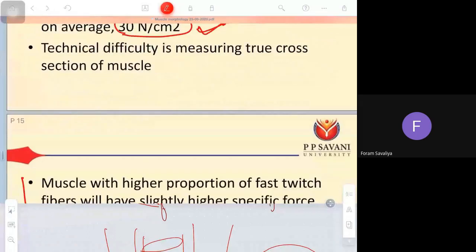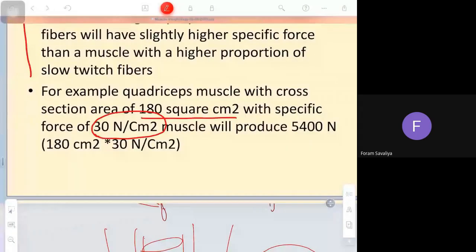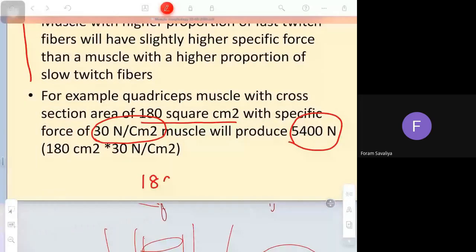So the total muscle can produce 5,400 Newton. Clear? How did this value come? By multiplying 180 square centimeter into 30 Newton per square centimeter. How much force can the muscle produce? It can produce 5,400 Newton, which is a large value.